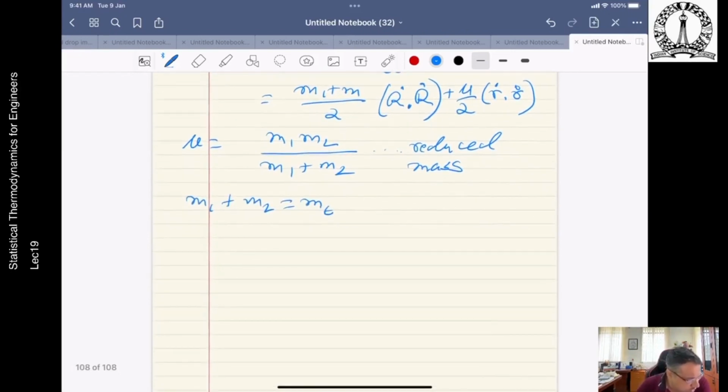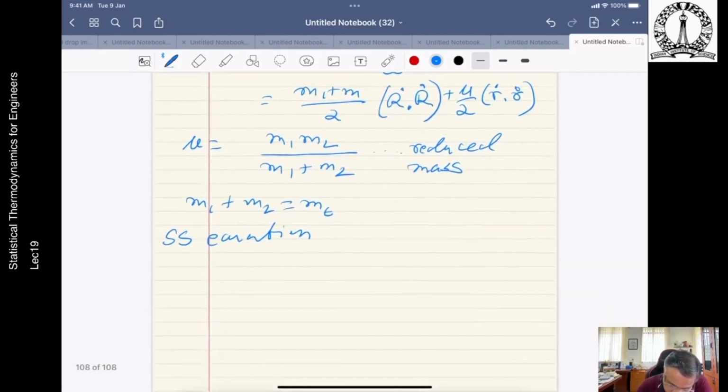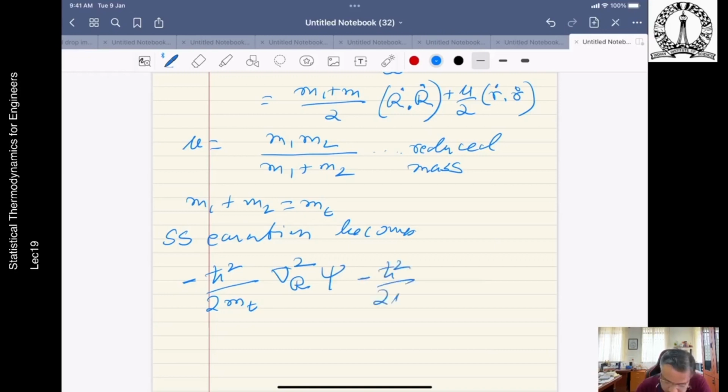So the Schrodinger's wave equation therefore becomes: minus h bar square by 2MT into the operator with respect to R square, minus h bar square by 2 mu with respect to small r square, into psi, plus V12 minus the energy E into psi is equal to 0.